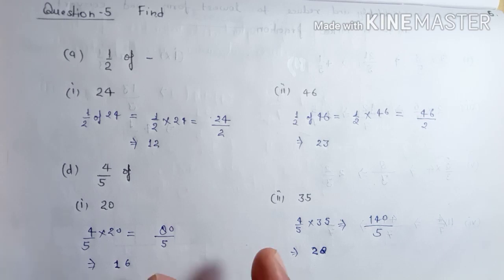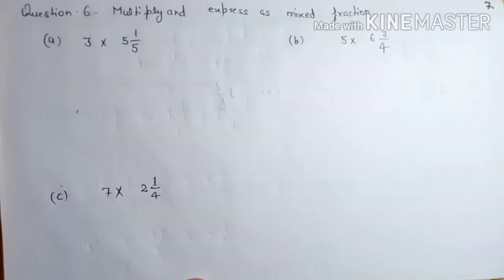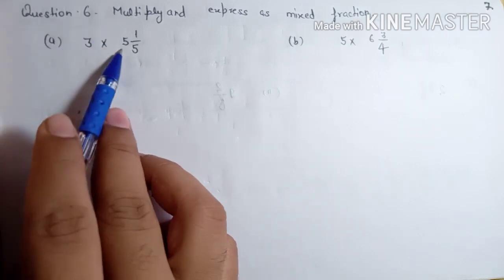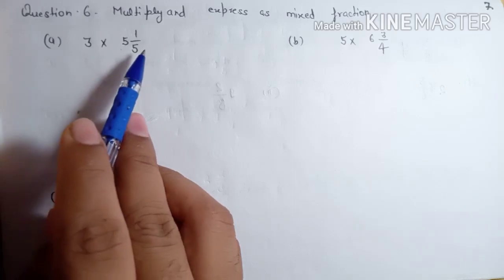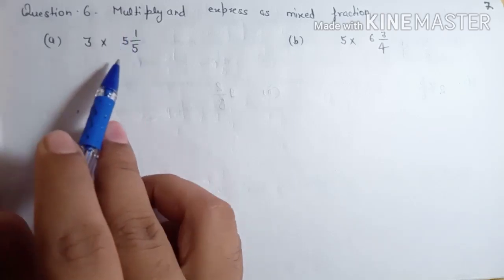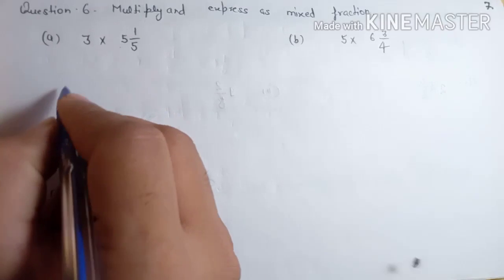To find the fraction of a whole, multiply the whole and the fraction. Question number 6 is multiply and express as mixed fraction. How to do this? So we have to multiply this mixed fraction and this whole number. So try to make this mixed fraction first into an improper fraction.